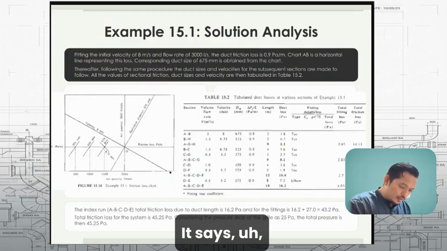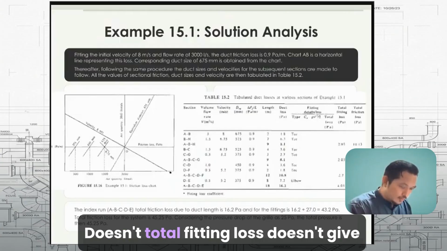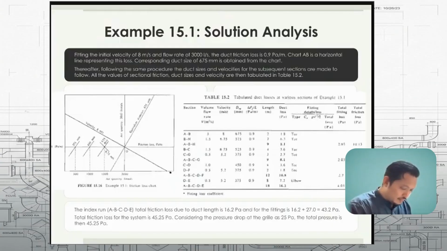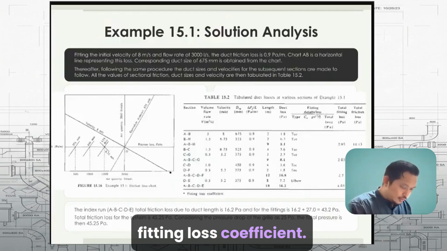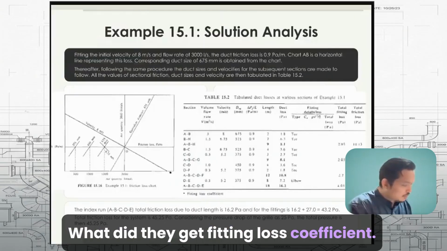It says total fitting loss doesn't give the fitting loss coefficient. How did they get the fitting loss coefficient?